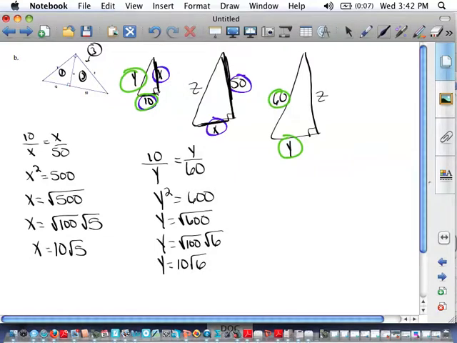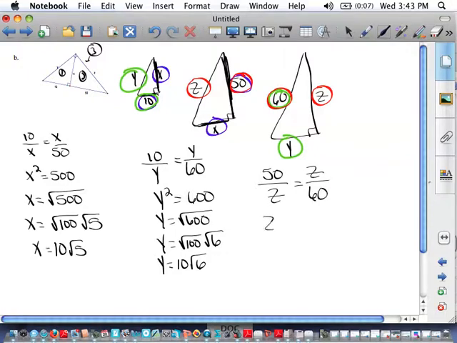Finally, you're going to look at z. So z is in the second triangle and the third triangle, and it uses the long leg and the hypotenuse. So set up your ratio using the long leg and hypotenuse. The long leg 50 is to the long leg z, as the hypotenuse z is to 60.